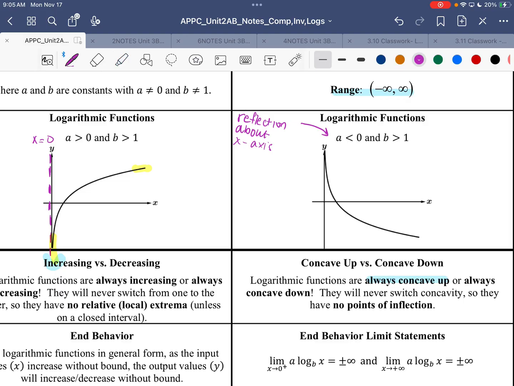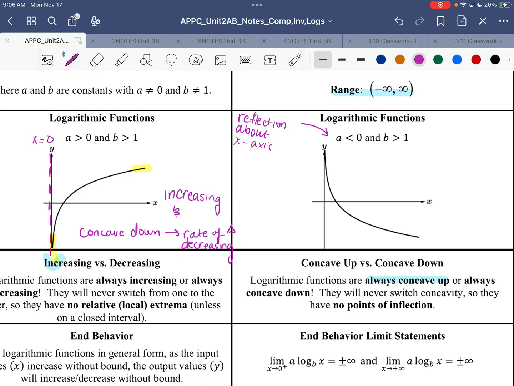They're either always concave up or always concave down. So looking at the graph on the left, I would describe this as being always increasing and always concave down. And let's just remember, when a function is concave down, what does that imply about its rate of change? Good, the rate of change is decreasing.